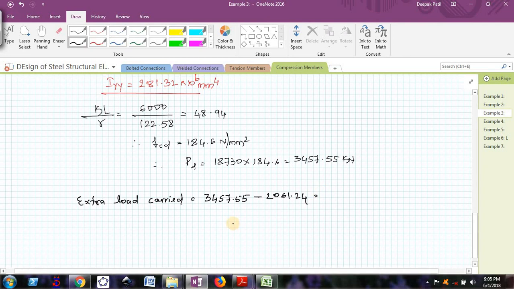So the extra load carried is 1396.31 kilonewtons. So this is the extra load that can be carried.